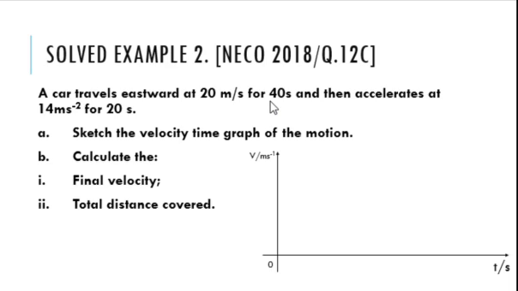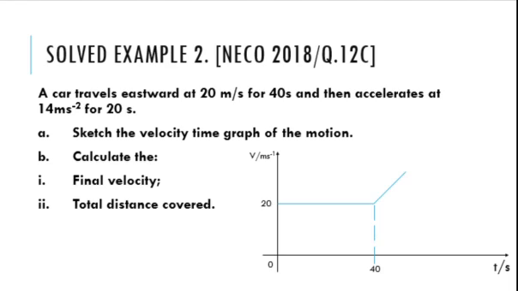So from that point, we just go on a straight line. It's a uniform motion. Eastward is standing for uniformly. So from this point, it goes this way, and for 40 seconds. So bring it down. That is 20 meters per second, and the time for that journey is 40 seconds.